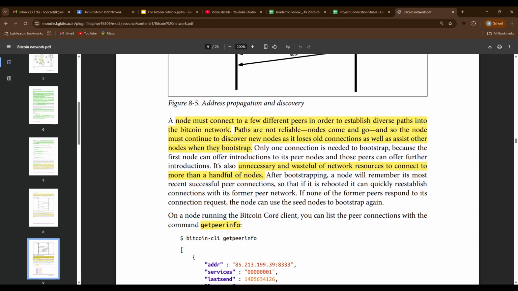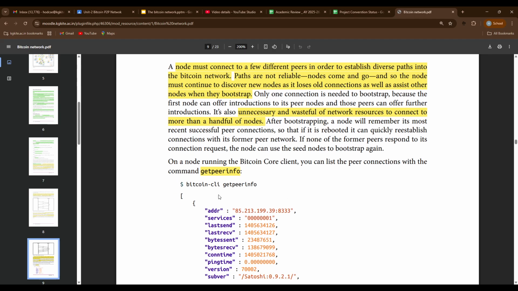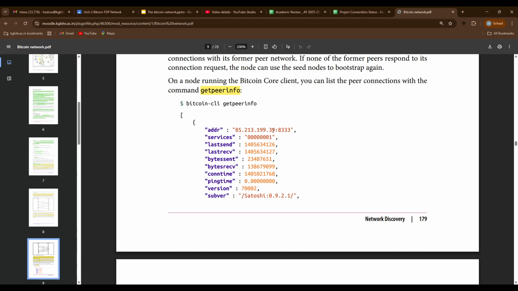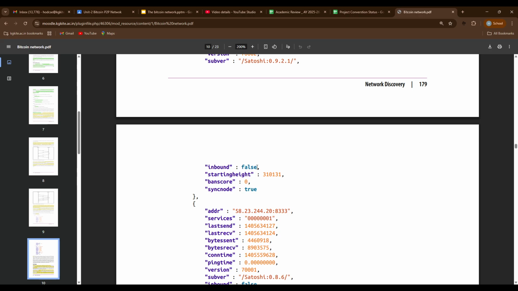So if you want to get the peer information, this is one command you can see here, right? Get peer information. So you can get the address, the services, bytes sent, bytes received, connection time, ping time, the version, and then the subversion, and then last sent, last received, and then inbound, and then starting height, sync node.